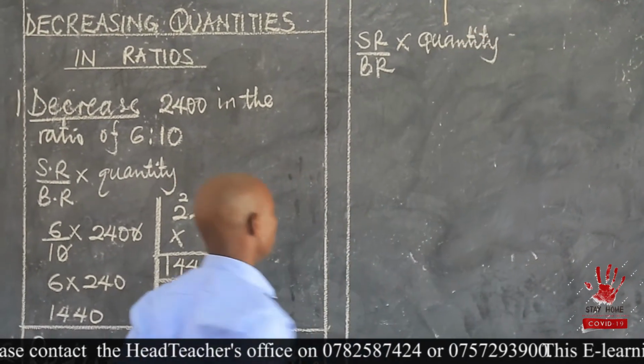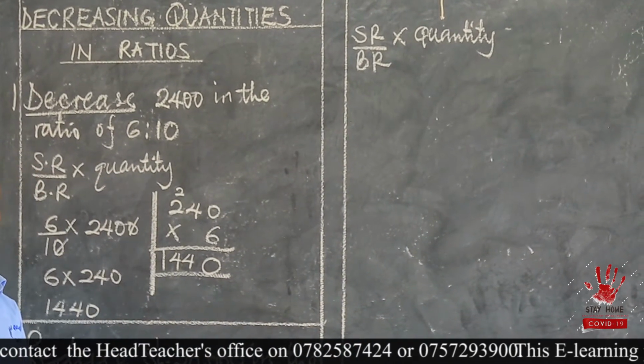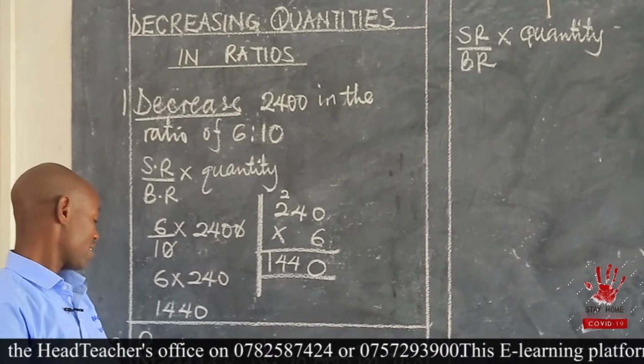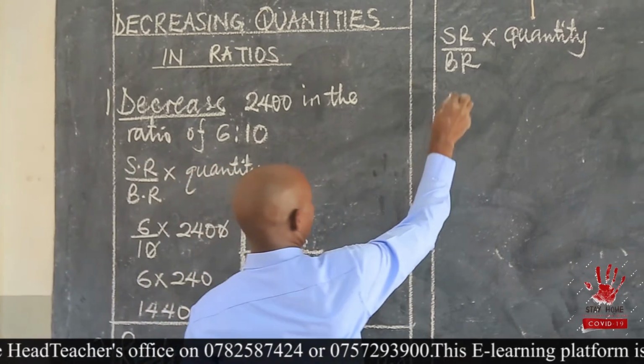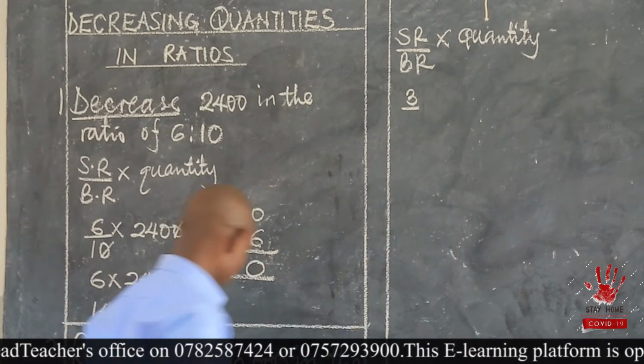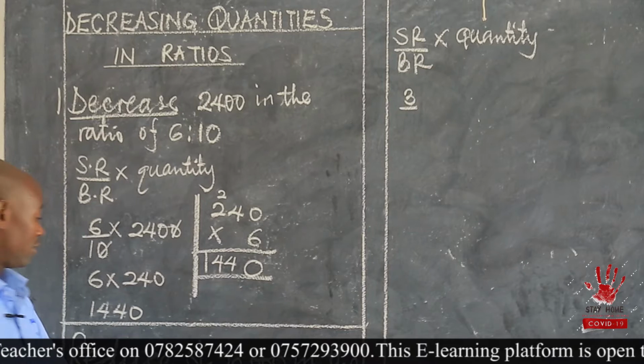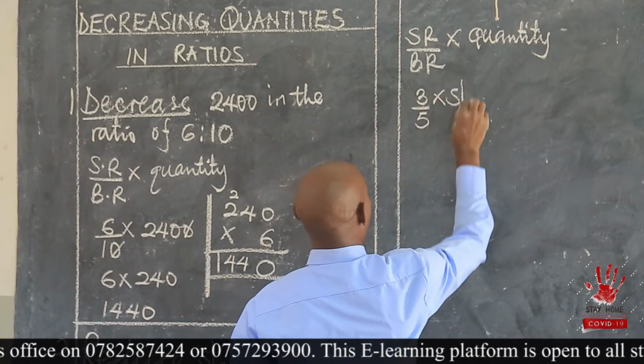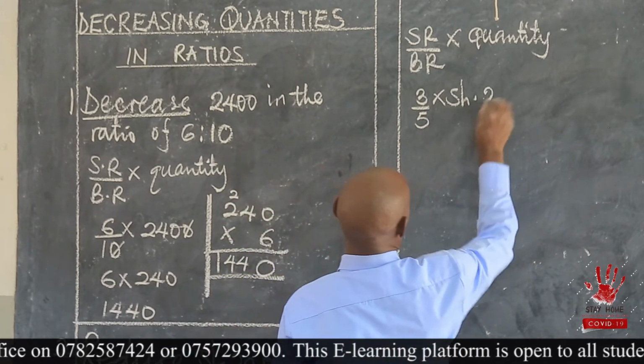So by substitution, 3 and 5, which one is bigger? 5 is bigger. And since we are reducing, we shall have 3 out of the bigger ratio, which is 5. Then we multiply by how much money? 20,000 shillings.